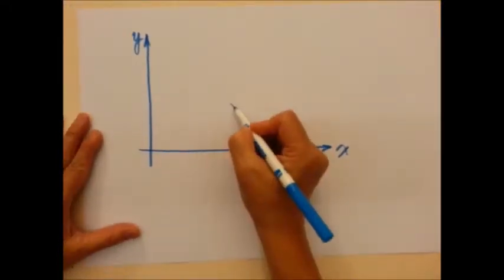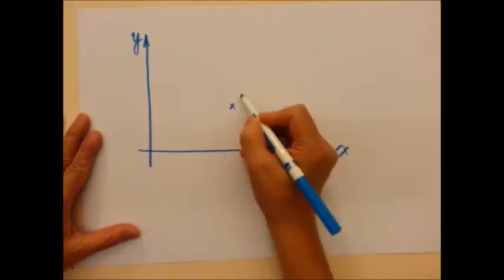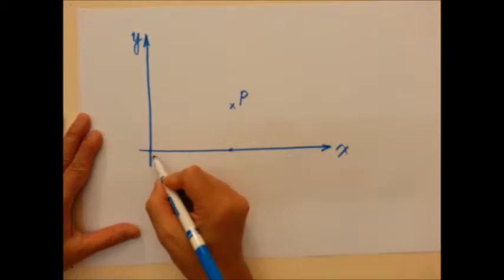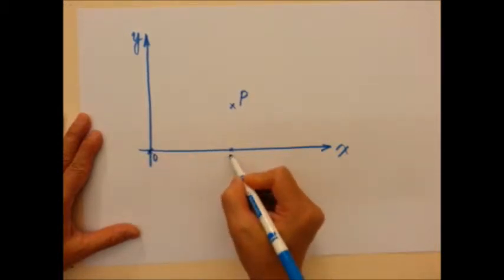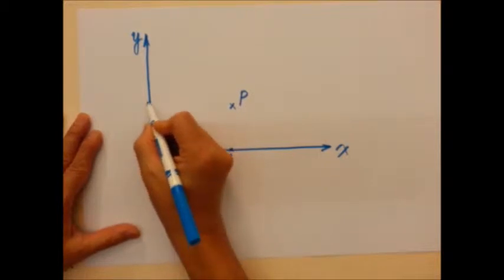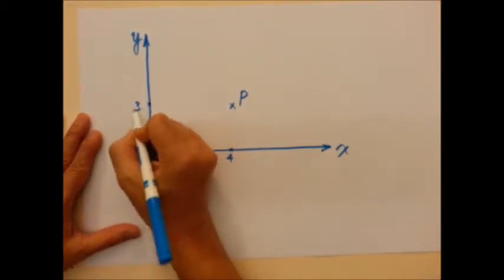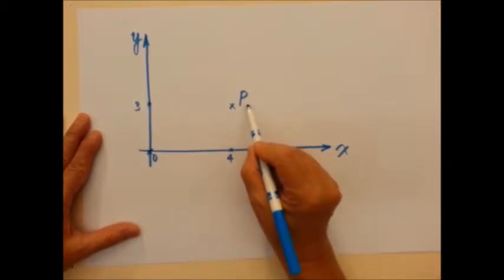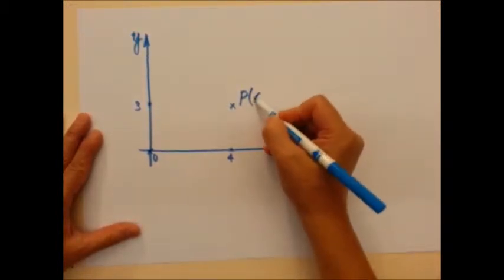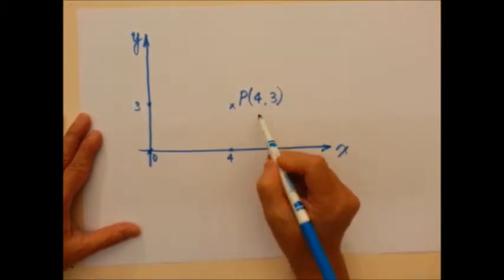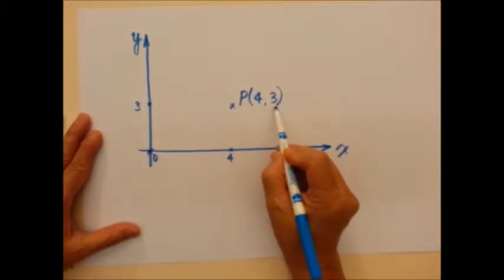Now, here's a point P. For example, here, from the origin to here, it is 4. And from the origin up to here is 3. And we can say that the position of the point P is 4, 3. We say this is the ordered pair.